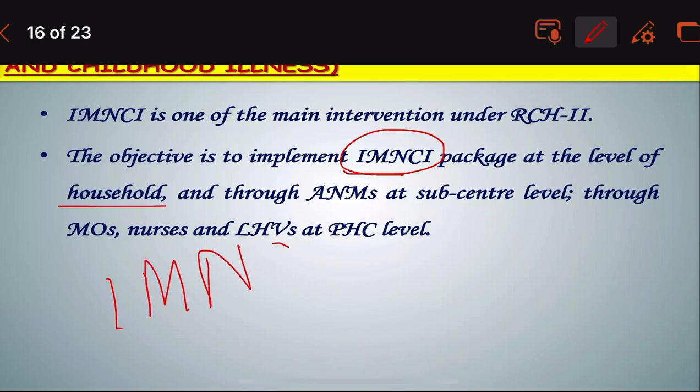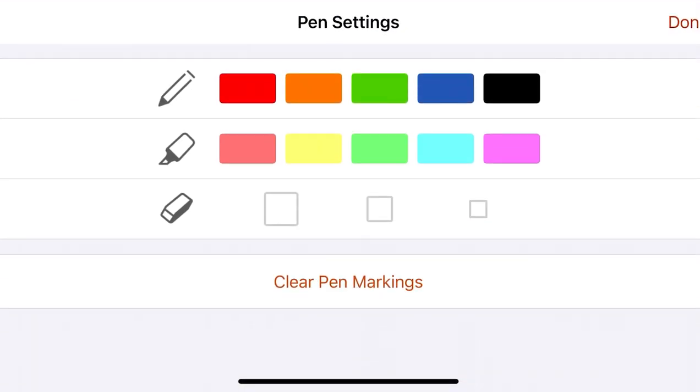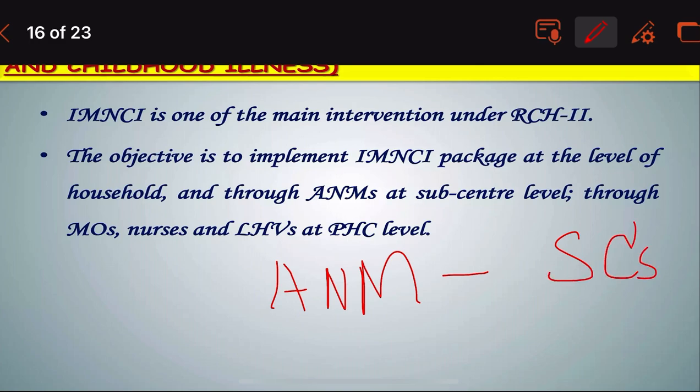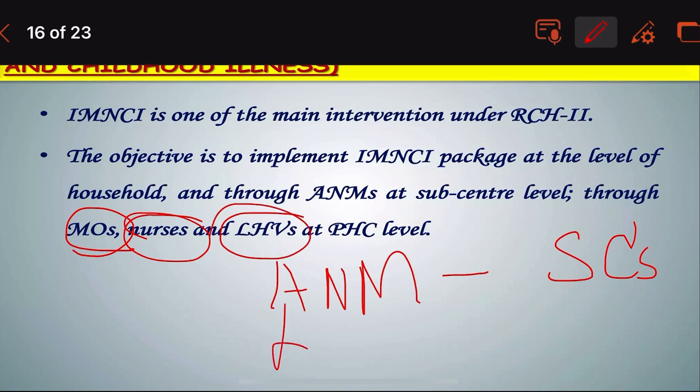So at the level of household, the objective is to implement the IMNCI, integrated management of neonatal and childhood illnesses. The package has been launched at the level of households and through auxiliary nurse midwives at the level of sub-centers and through medical officers, nurses, and LHVs. LHV stands for lady health visitor at the PHC.